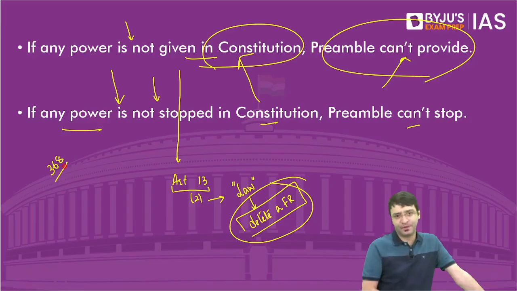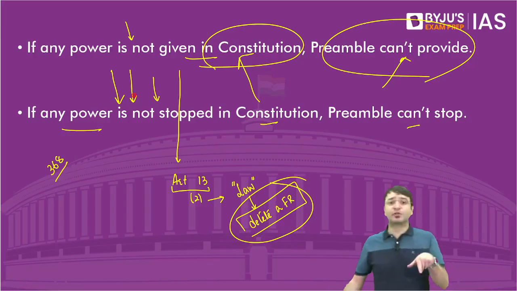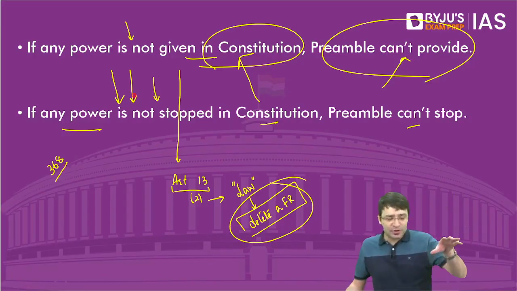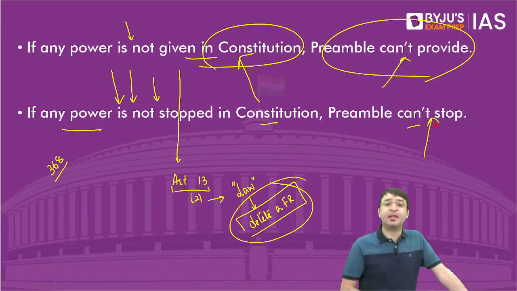No. Which means if the Constitution does not allow Parliament to alter the basic structure, we can't say preamble will help the government and say you can amend any provision of the Constitution. There is no such thing as basic structure.